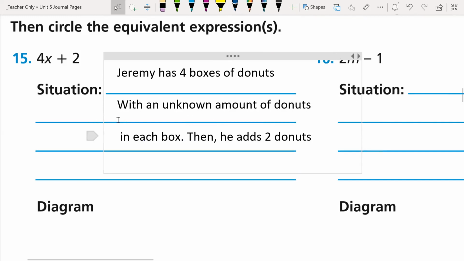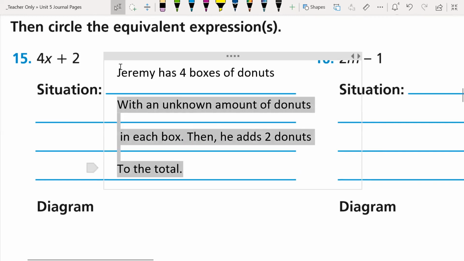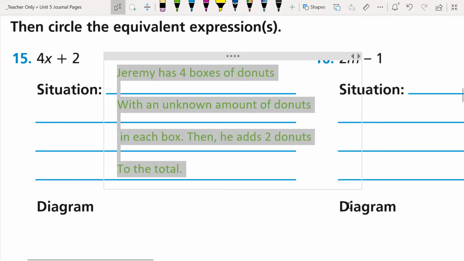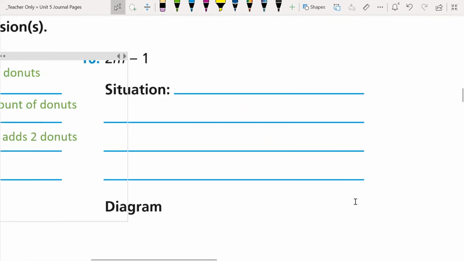Then he adds 2 donuts to the total. Let me change this so that you can see that this wasn't the book that wrote this. I wrote this. It should stand out, so I'm going to write it in green. Okay.